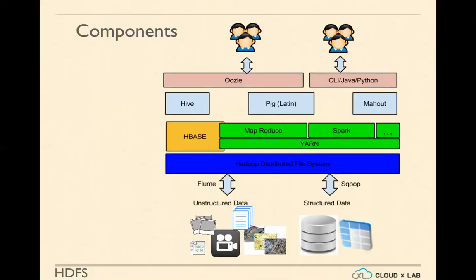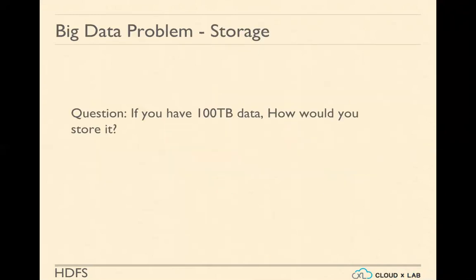When we talked about Hadoop, there was something called Hadoop Distributed File System. That's the foundation of the entire Hadoop ecosystem. It's the main component, and we will talk about why we need it. Let's start with a very simple question.